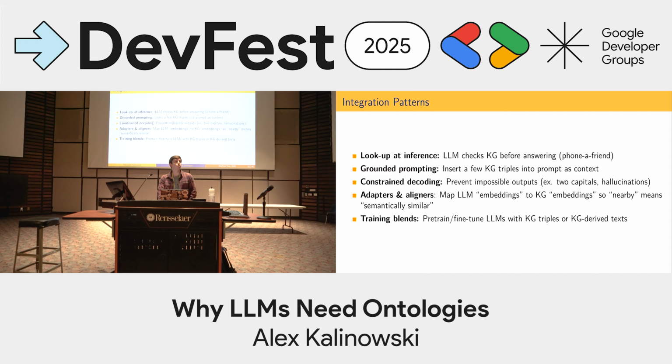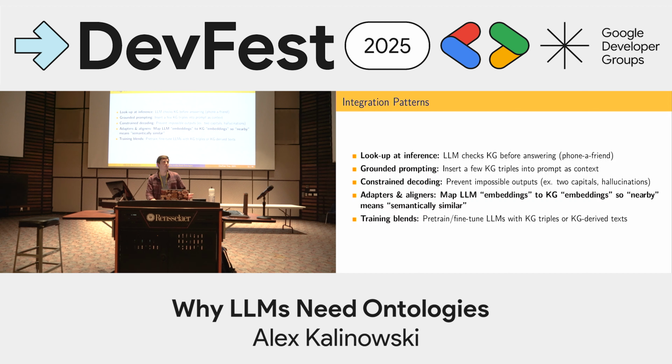And then we can do training blends too. So as you train the LLM, you feed in these knowledge graph triples as a separate data input source and try to jointly learn two different representations. So we're really going to focus on how to map LLM embeddings to knowledge graph embeddings so that things that are nearby mean that they're semantically similar.